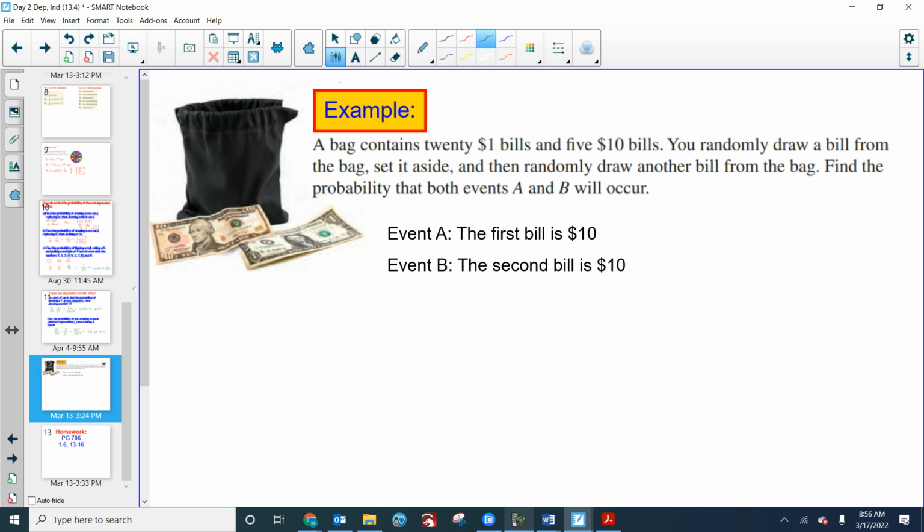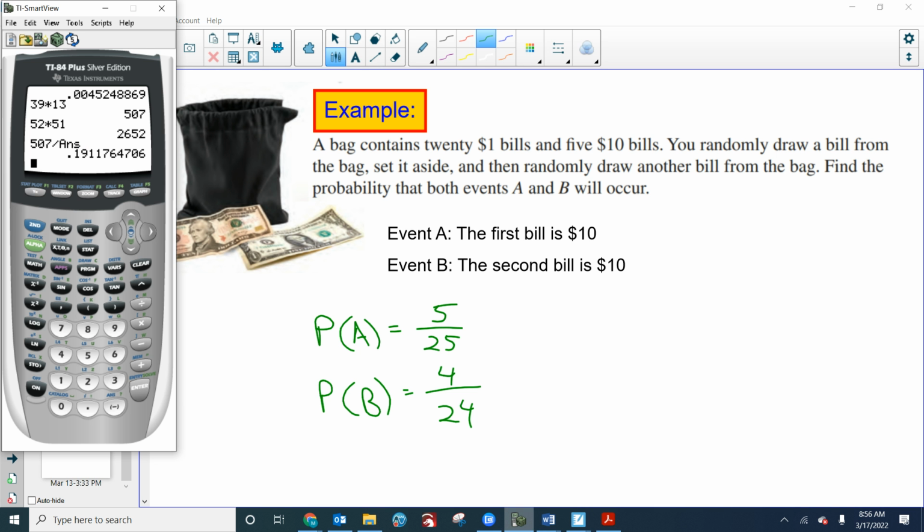So what's the probability of event A happening? 5 out of 25. What's the probability of event B happening? 4 out of 24. Now there's only 4 $10 bills out of 24, and we're going to multiply these together. So we get 20 out of 600.